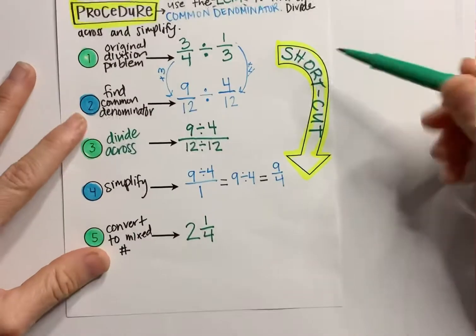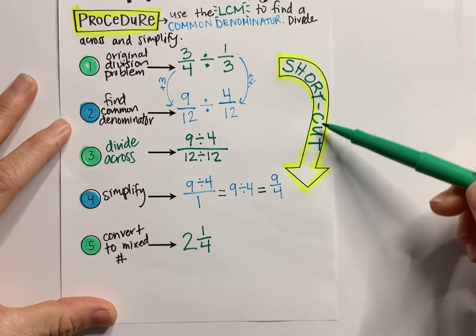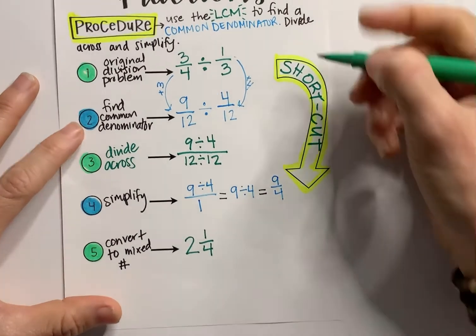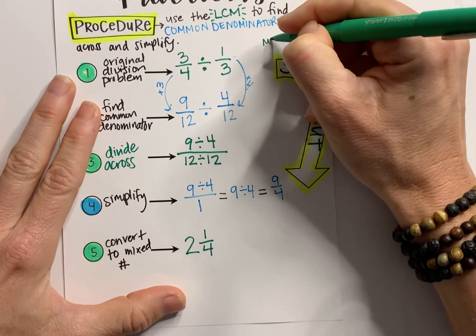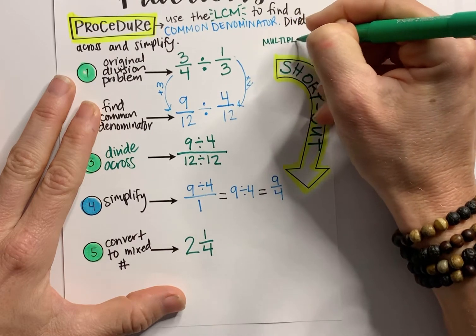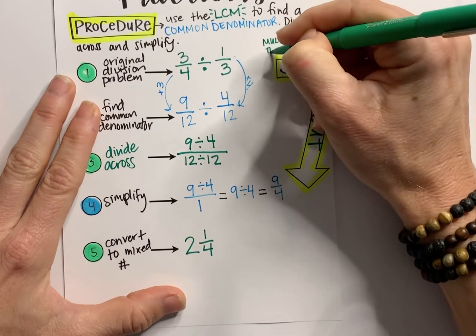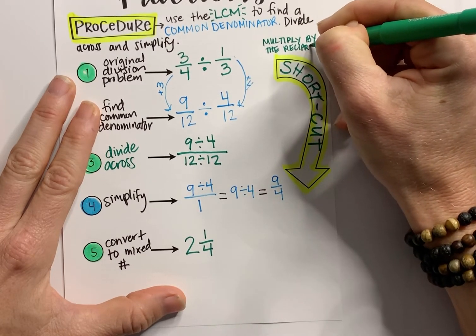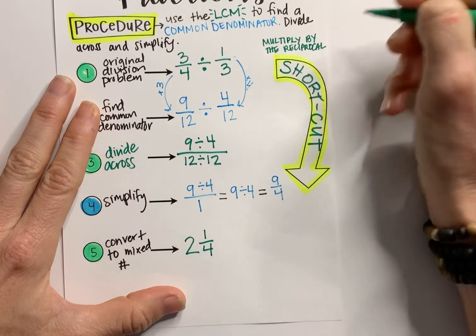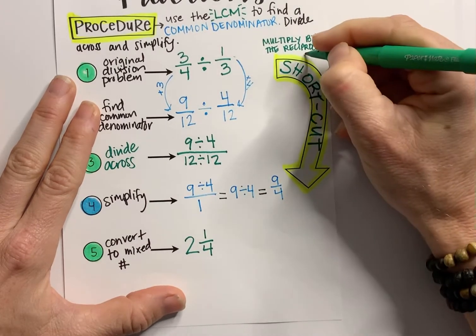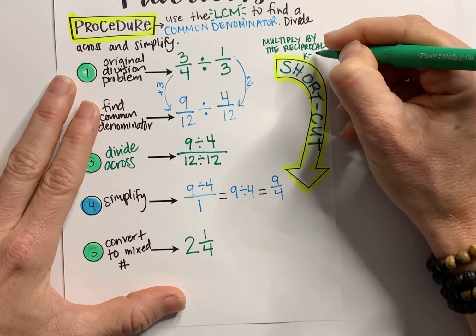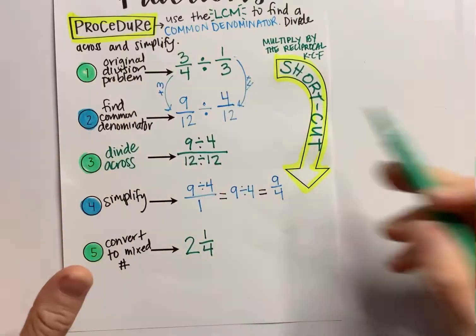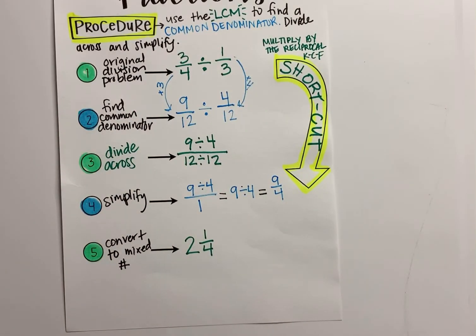You are going all the way from step 1 and skipping down to the end of step 4. I'm going to write here, multiply by the reciprocal, which is also the same as keep, change, flip. I don't particularly like keep, change, flip, but I know that's what you've probably heard before, so we'll just leave it there.